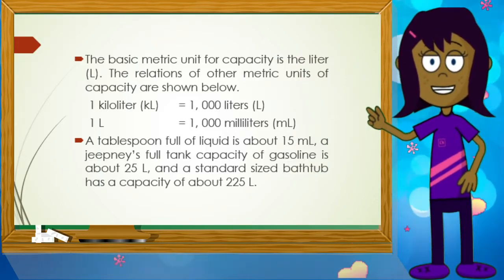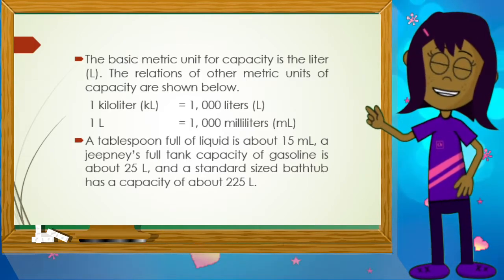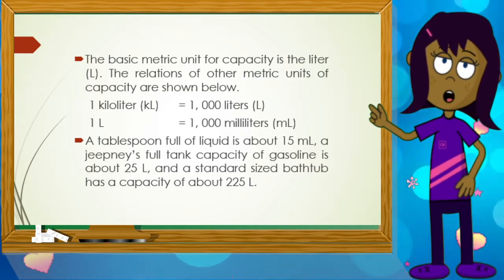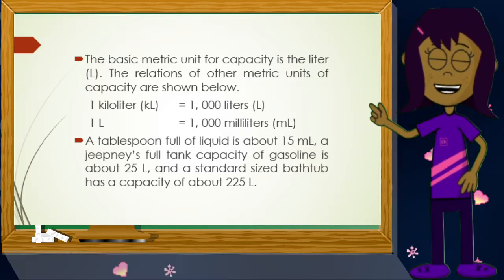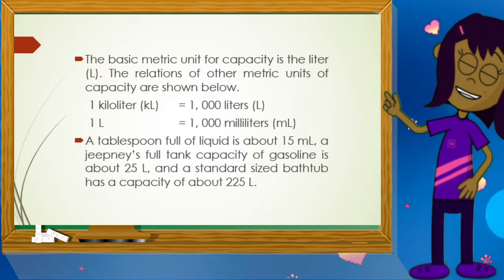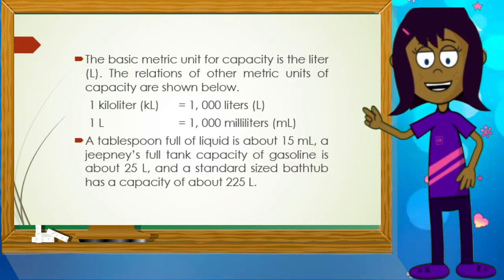An example of this is a tablespoon full of liquid is about 15 milliliters, and a jeepney's full tank capacity of gasoline is about 25 liters. And a standard size bathtub has a capacity of about 225 liters.